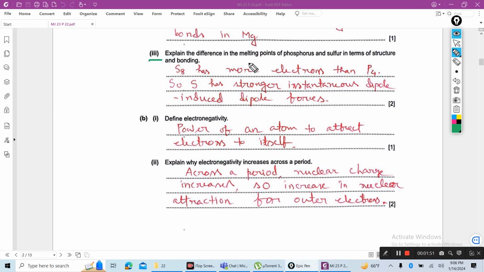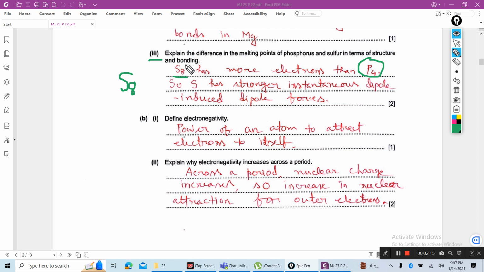Three. Explain the difference in melting points of phosphorus and sulfur in terms of structure and bonding. Sulfur exists as S8, eight atoms joined together, and phosphorus exists as P4.